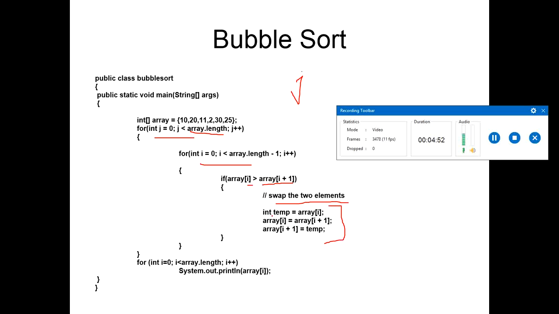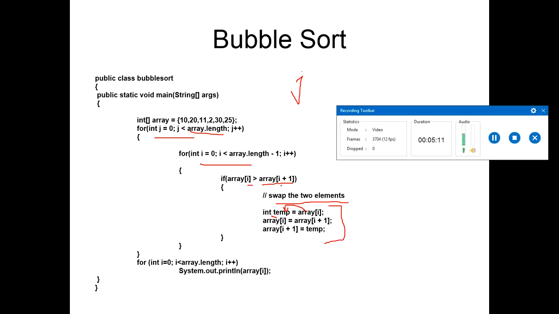We declare a temporary variable, and the element of the array where we are currently pointing, we put that element into the temporary variable, so that the array element at the ith location becomes empty.